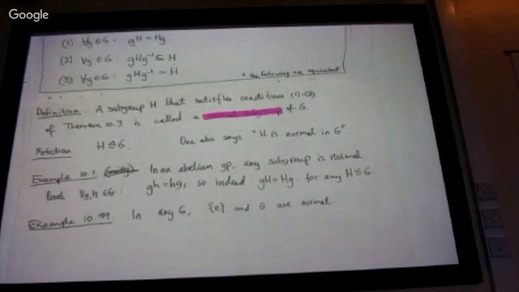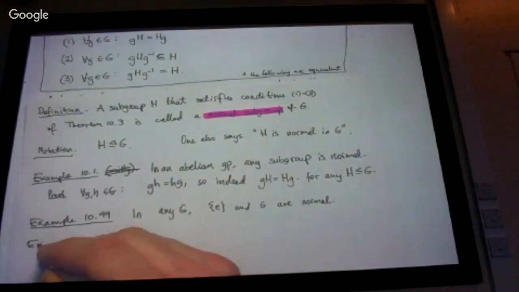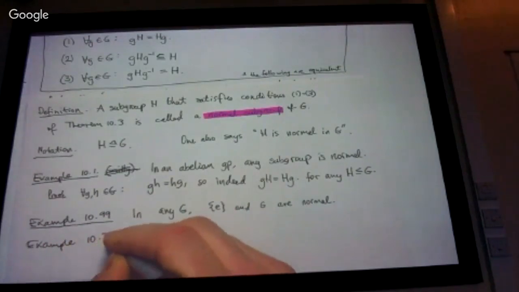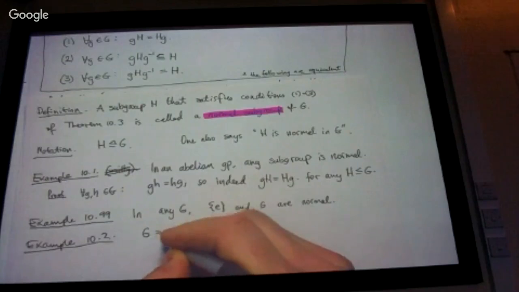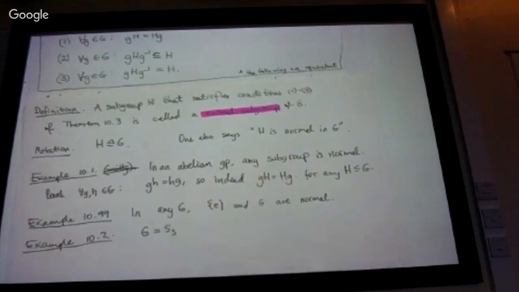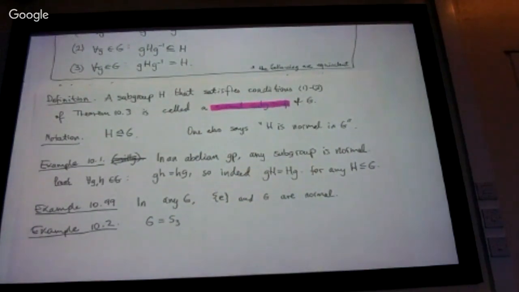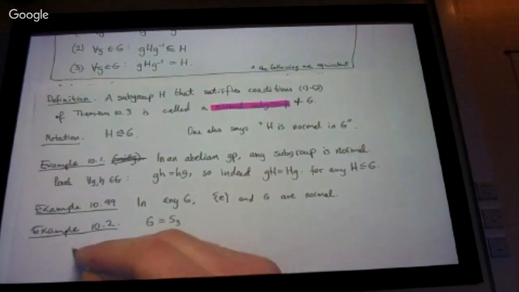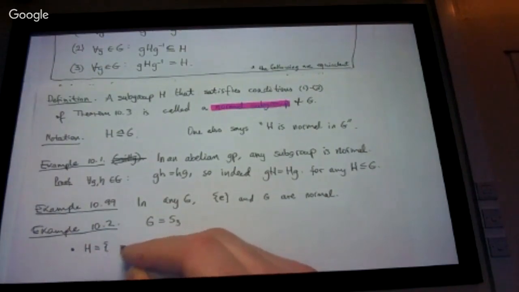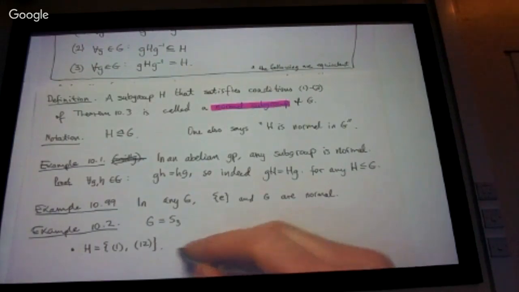Now, some non-examples. Look at the group S3, the symmetric group on three elements, all permutations of 1, 2, 3. Take the subgroup H which only has the identity and one transposition, (1 2).